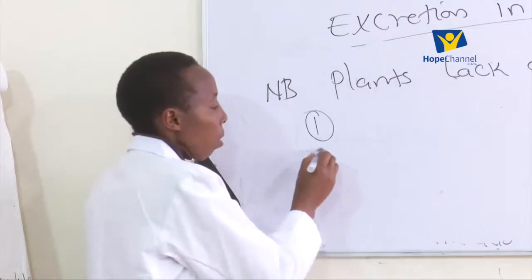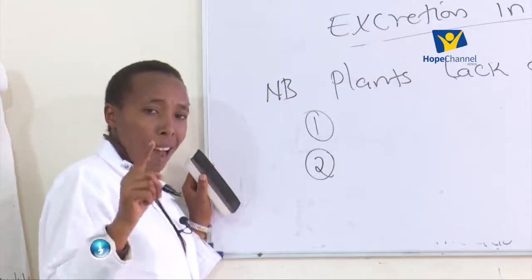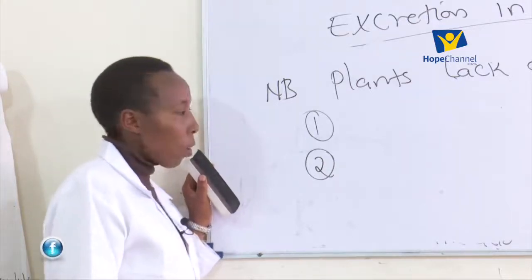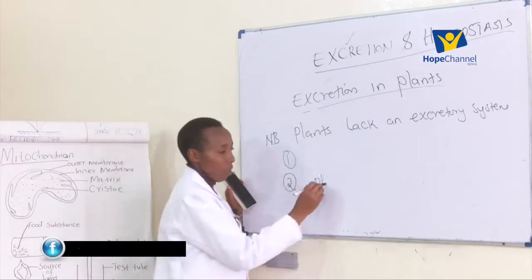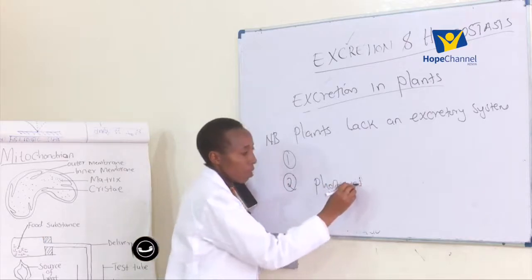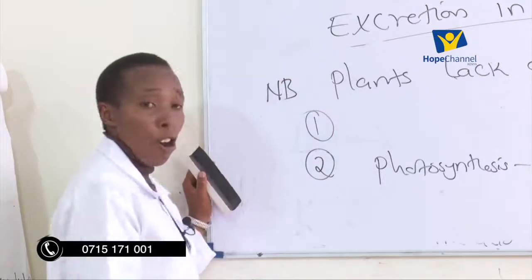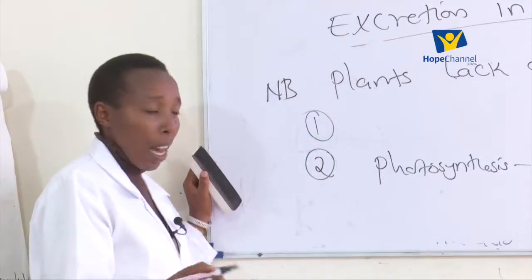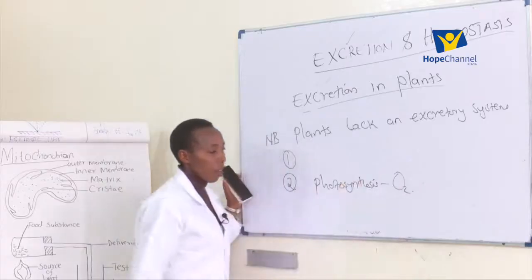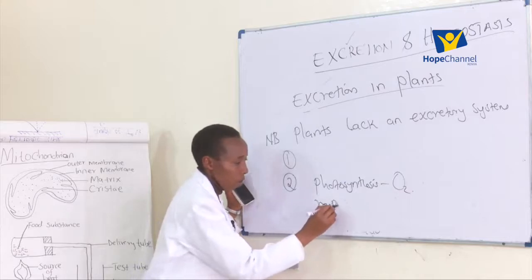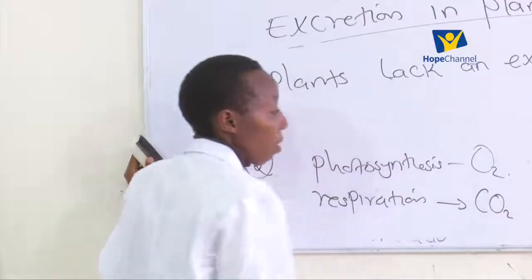Number two, we also say that in plants, some of the waste products are recycled. What do I mean by recycled? They are reused. Like now, during photosynthesis, what happens? We have oxygen as a product, and in that case, it becomes a waste product. During respiration in plants, we produce carbon dioxide as a waste product.